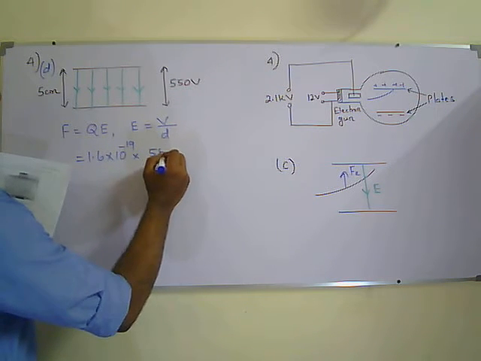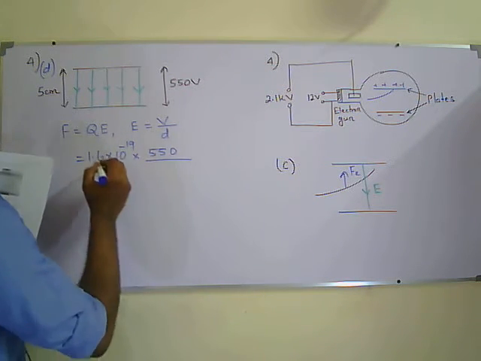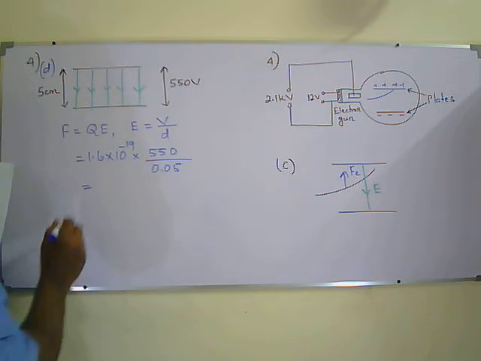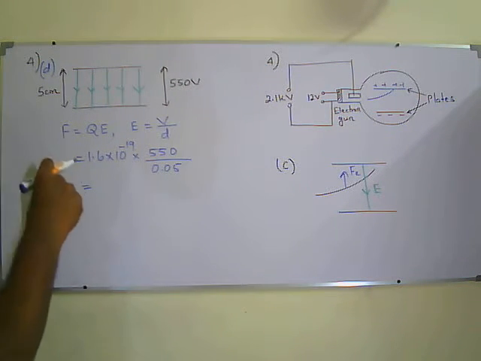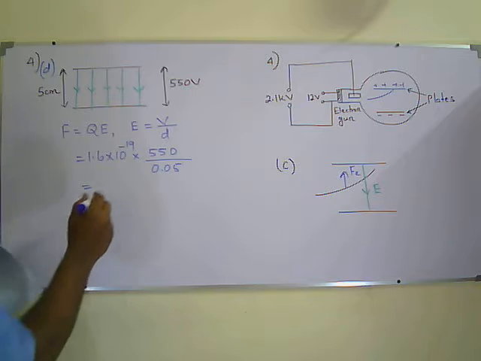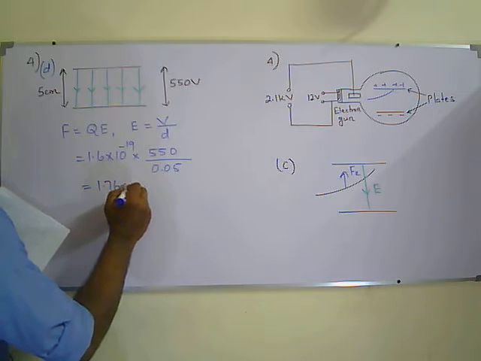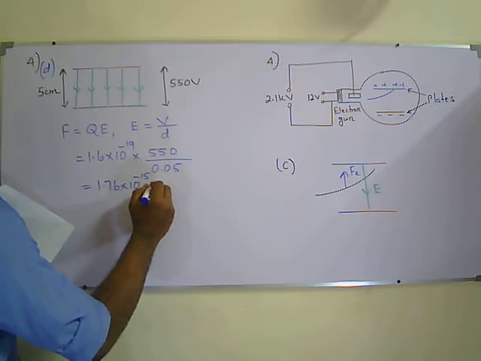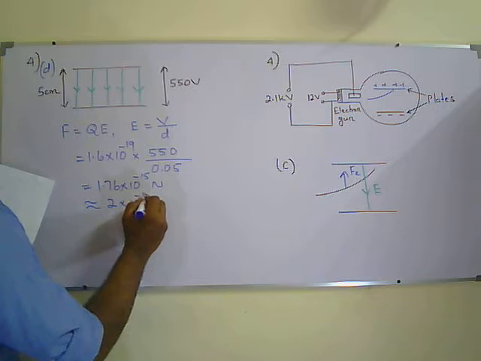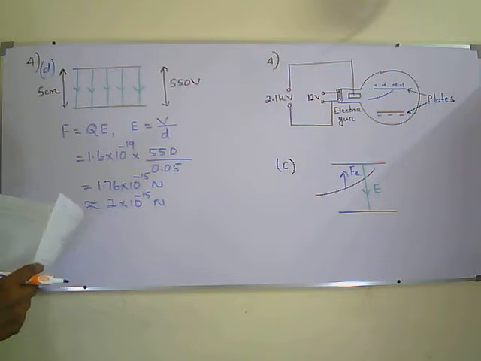The potential difference is 550 over the distance, 5 centimeters, meaning 0.05. Solve it. You will get the answer. That will be 1.76 × 10^-15. We have to show that it is approximately 2 × 10^-15 newtons.